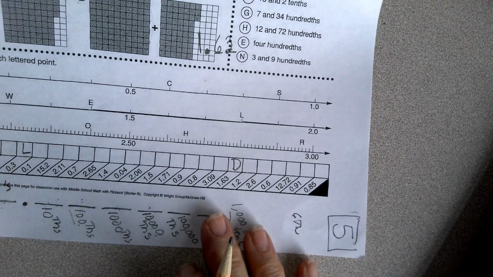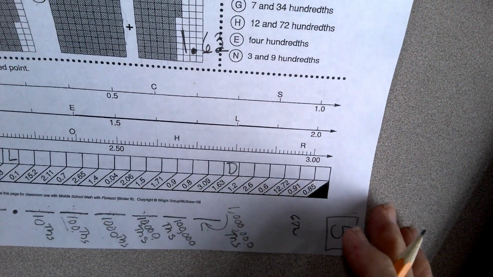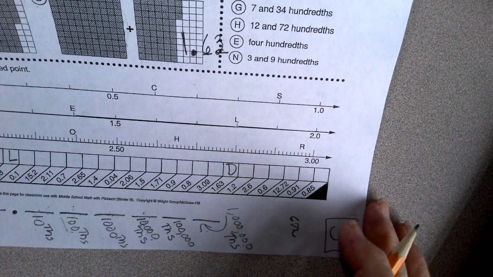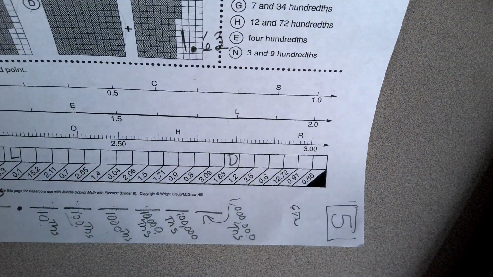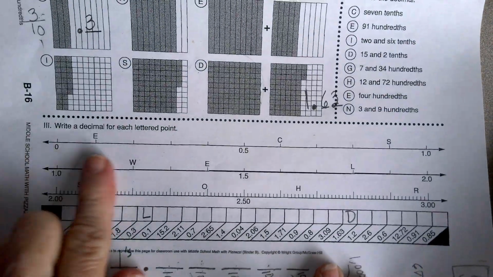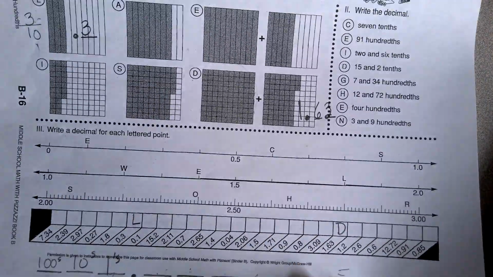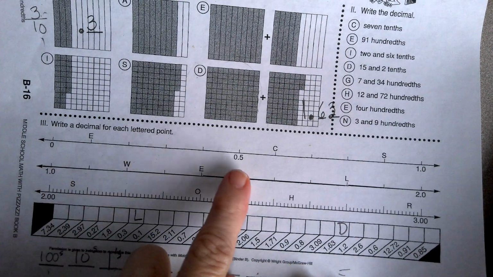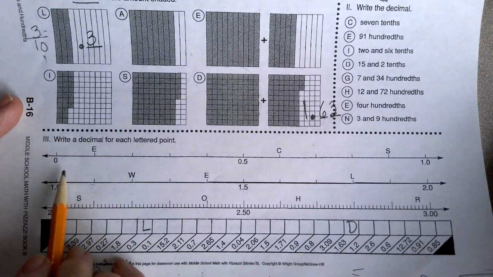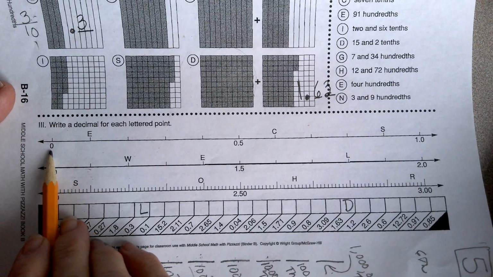Then I'm going to come down here. Hold on a second. Oh, these aren't going to be too bad. Okay. Then down here, you're going to name each of these values that are listed. In fact, this is from 0 to 1.